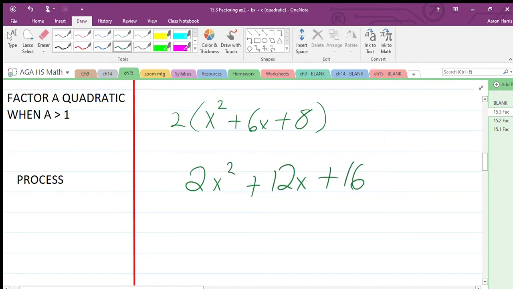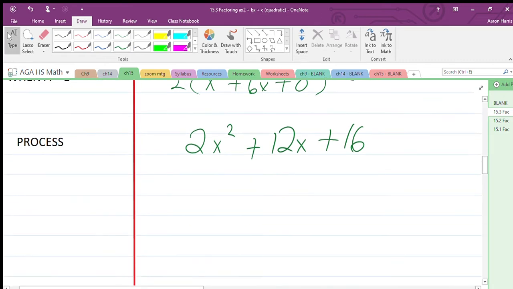So let's say that we started there. We already know the answer to the original one. But now, let's say that I have 2x squared plus 12x plus 16. What should you do first? That is correct. You should find the GCF of 2, 12, and 16, which we already see. What is the GCF going to be? 2.